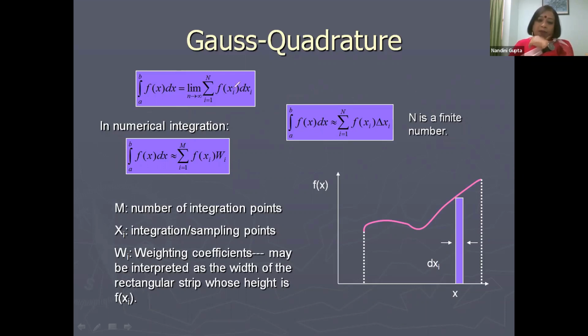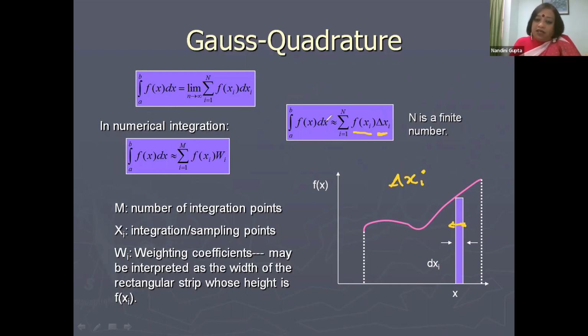Now, what am I actually doing here? I am taking a sum over these areas. And which are these areas? These areas are obtained by multiplying the value of the function at any point xi by, let's say, a value, which could be the thickness here, a very small thickness about xi, or some value which changes with xi.